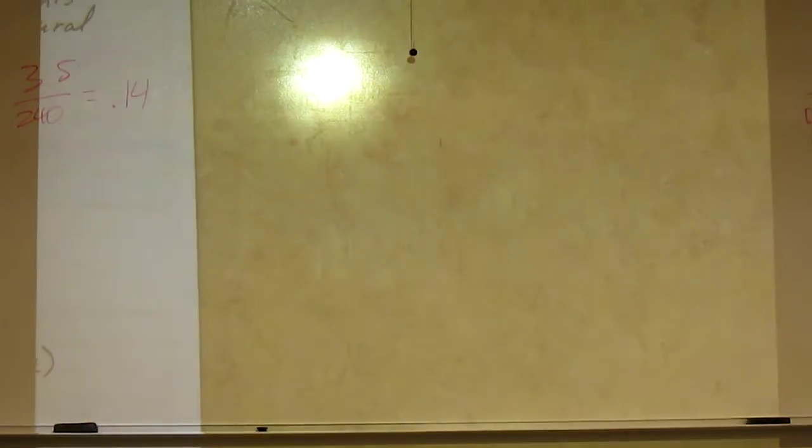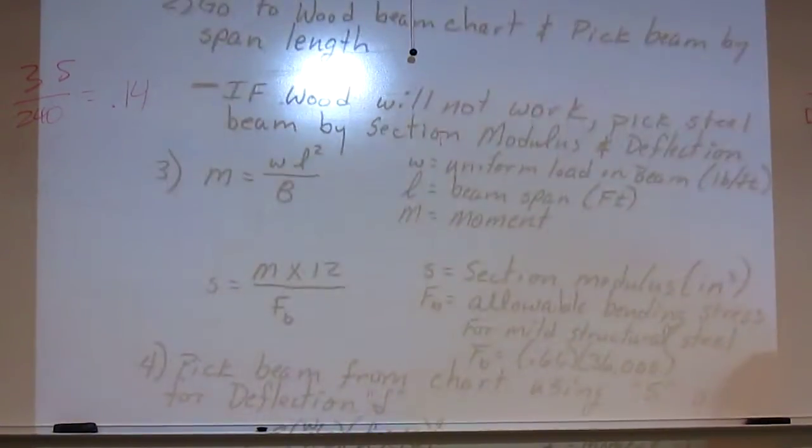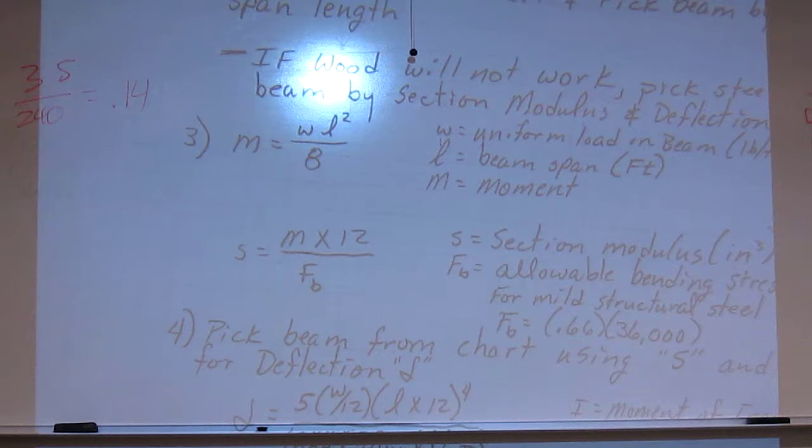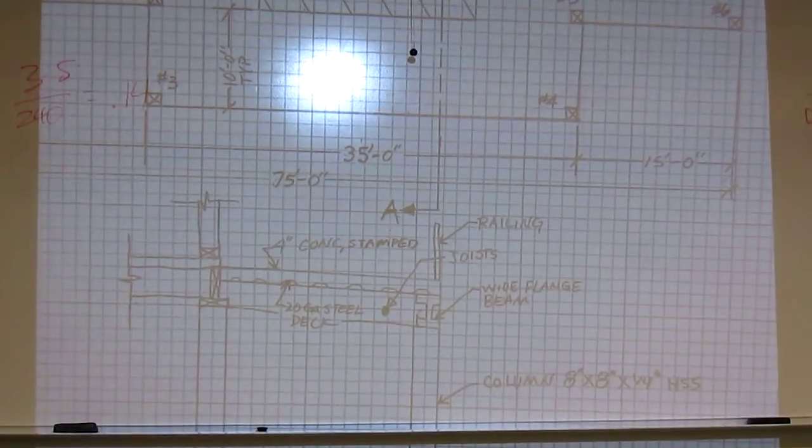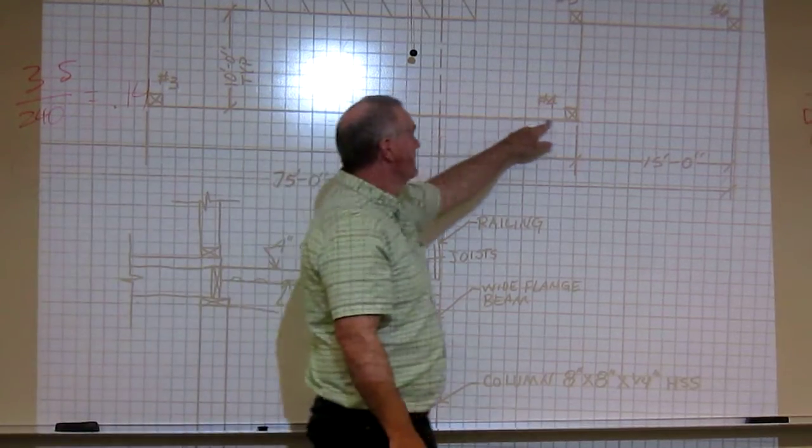All right, let's pull out our pencil and calculator and get a little bit of information. You might want your plan view. The beam that's obviously going to be metal is this front one right here.